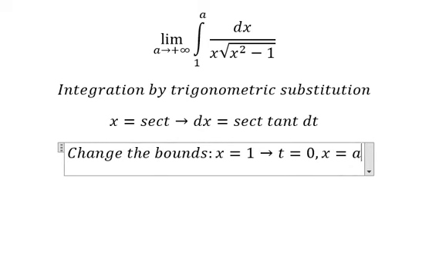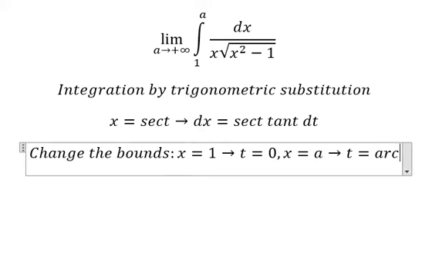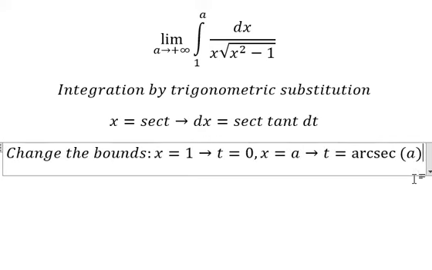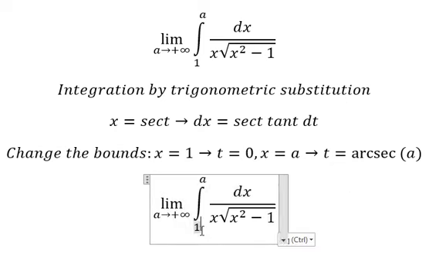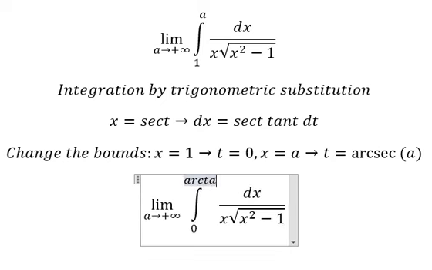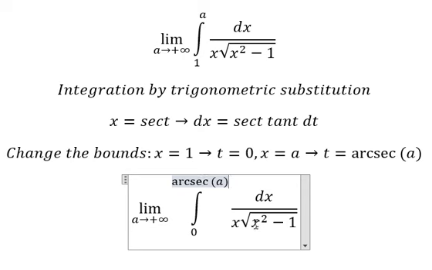When s equals a, we put a here, and now we have t equal to arcsecant of a. Number 1 we change to number 0. Number a we change to arcsecant of a.